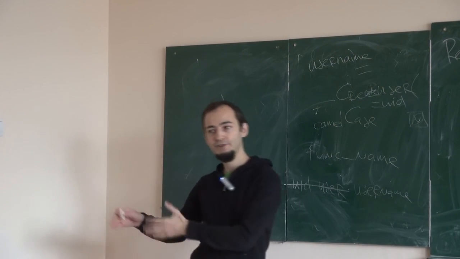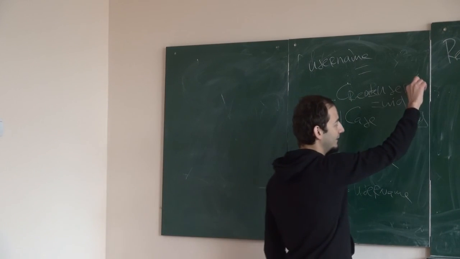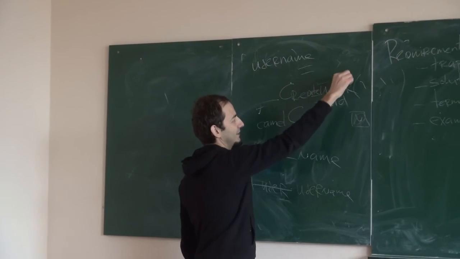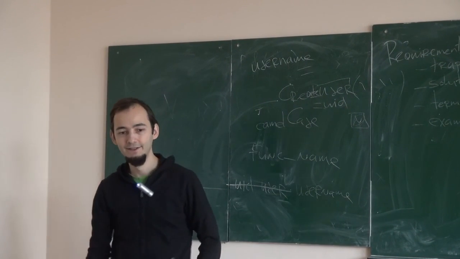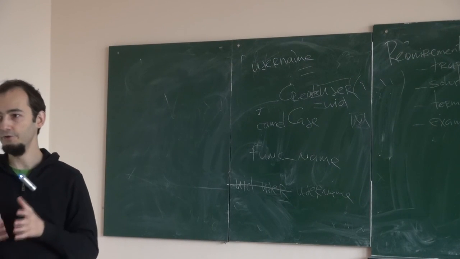So that person interpreted that create user has to have three arguments: the username, the user, and the UID. Again, it's a side effect of not being consistent in your use of terminology.